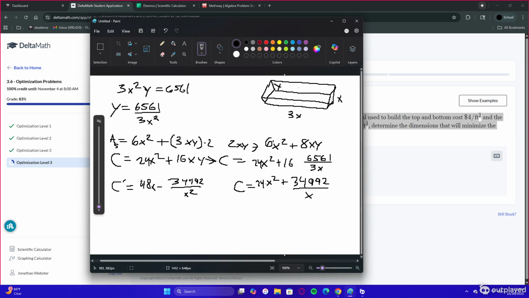Right, so now that we have our c prime function, we can find the critical points by setting it equal to 0.